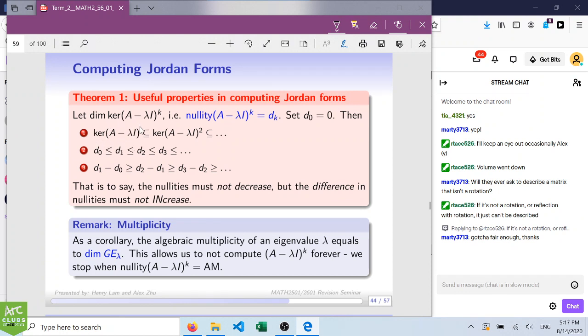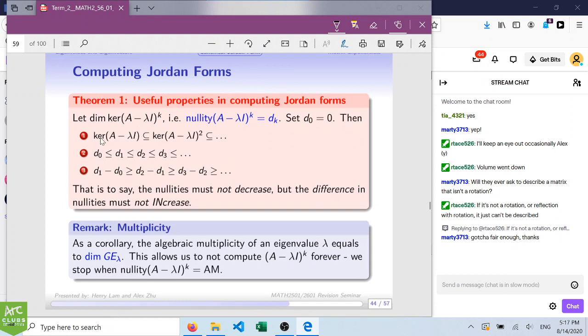So if you start off with v in the kernel of A minus lambda I, and then you repeatedly apply that, this theorem shows that the kernel of the lower power is a subset of the kernel of the higher power, which eventually equals the entire vector space.